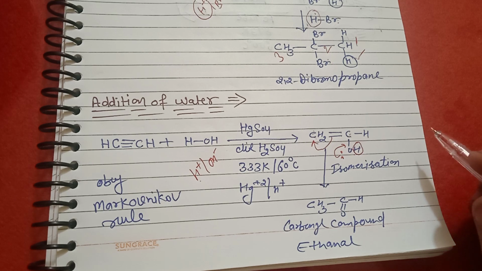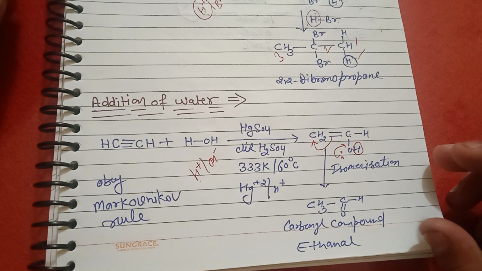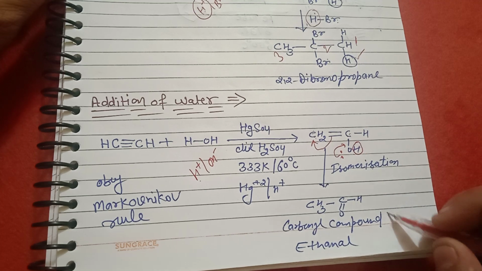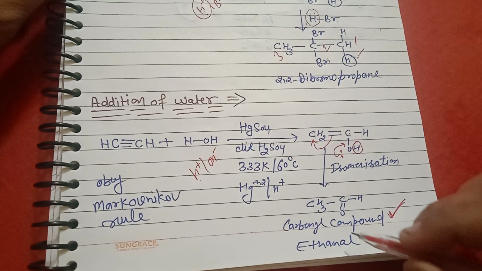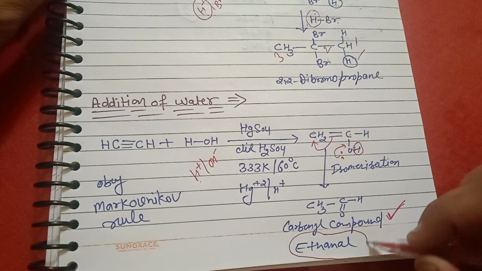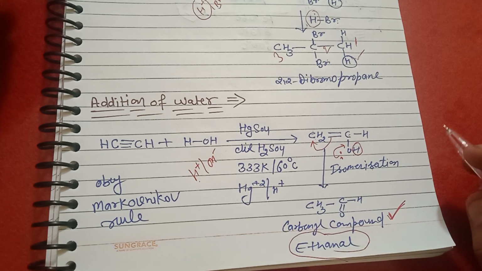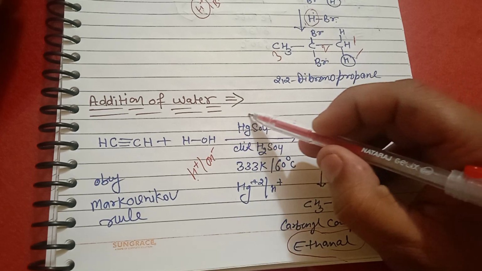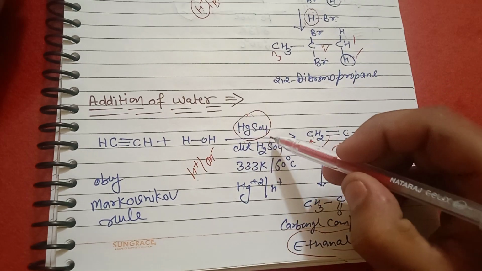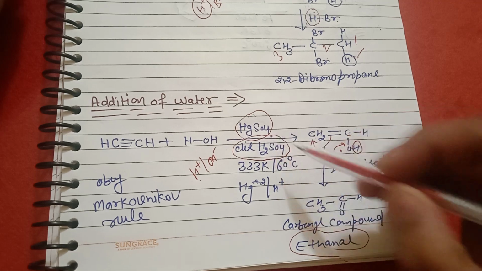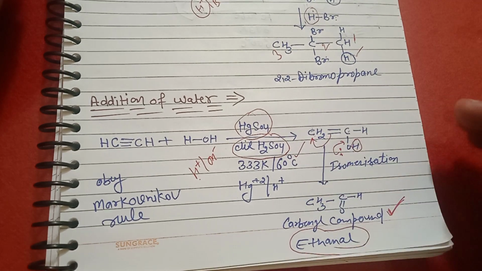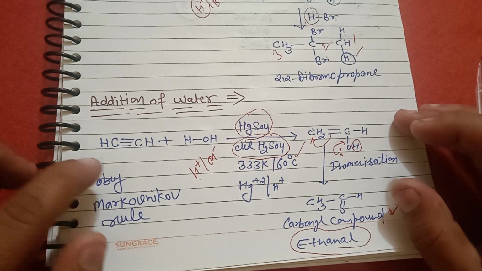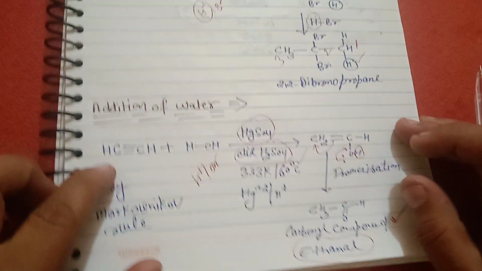It is tautomerization, simply displacement of proton. So it gives a carbonyl compound, that is aldehyde. Addition of H2O in presence of HgSO4 and H2SO4 की presence में at 60 degree temperature obeys Markovnikov's rule. This is a symmetrical alkyne.